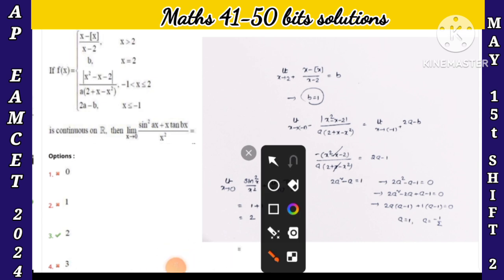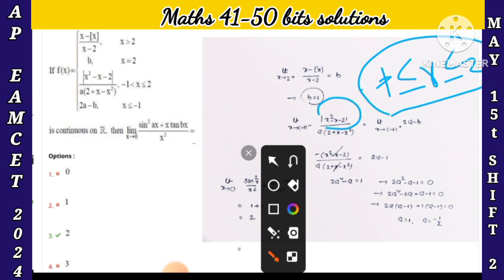Now see here, minus 1 less than or equal to x less than or equal to 2. So these are nothing but the roots of the given expression.